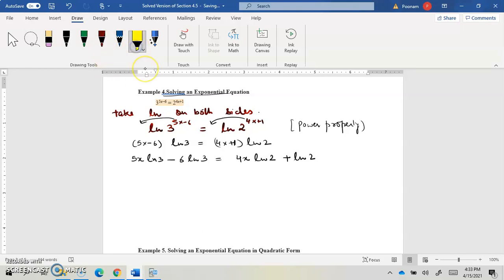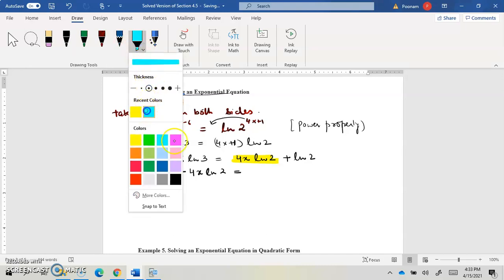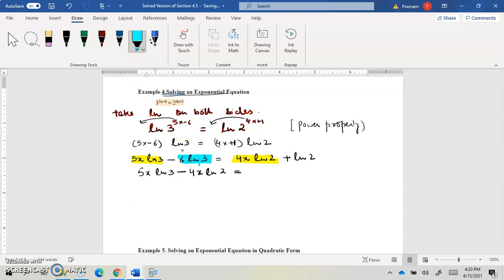Now we notice that x terms are on both sides, so we need to collect them and isolate the x terms. So we have 5x log of 3 minus 4x log 2; when we bring that to the left side, it becomes negative. Similarly, we need to take the constant terms to one side. So that would be log 2 plus 6 log of 3.